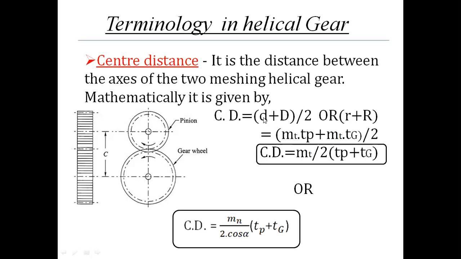So what is d? Which d have you taken, on the transverse plane or the normal plane? The center distance you can see on the transverse plane, the plane of rotation. This view is along the transverse plane, so you have to consider the transverse pitch and transverse module. Module is d by t, so d is module into t.